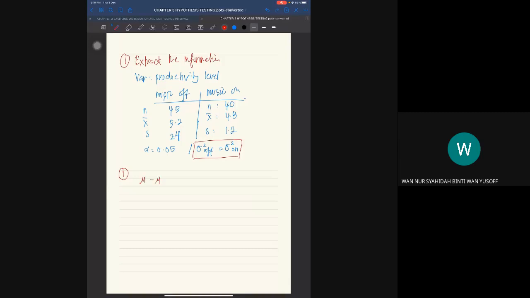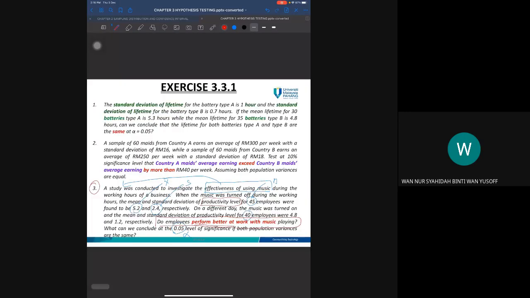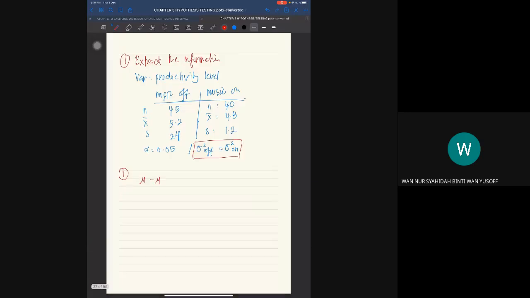After that we need to decide which one is the first population. In this case, which one is the first population? Music off or music on? On. Why music on?